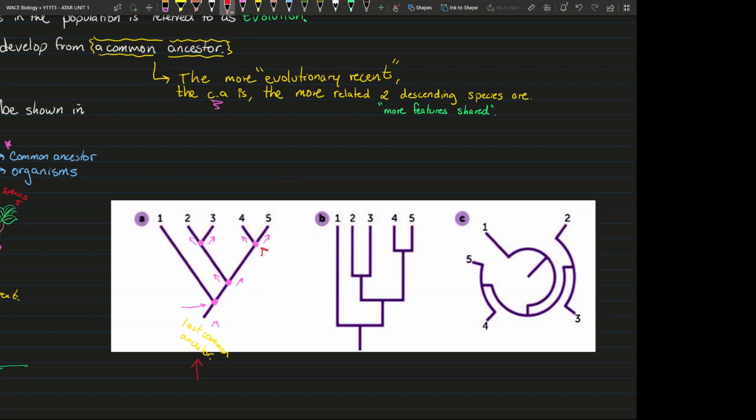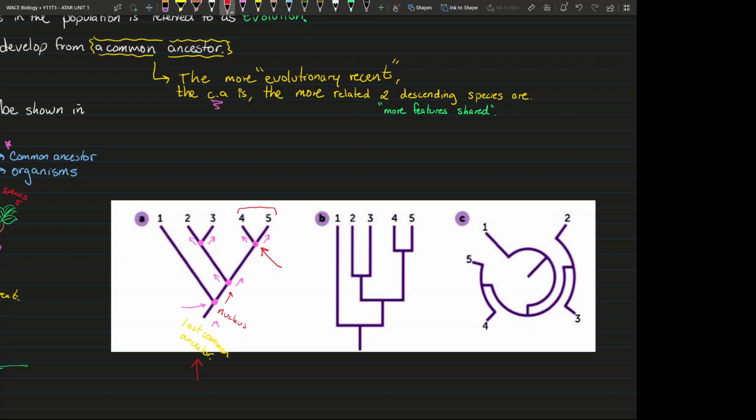This common ancestor here has evolved over time, right? More features. You're kind of narrowing down with features. Let's say this last common ancestor has a nucleus, right? And then you're evolving, you're changing, the population is growing more and more. And then you have this common ancestor for number 4 and 5.